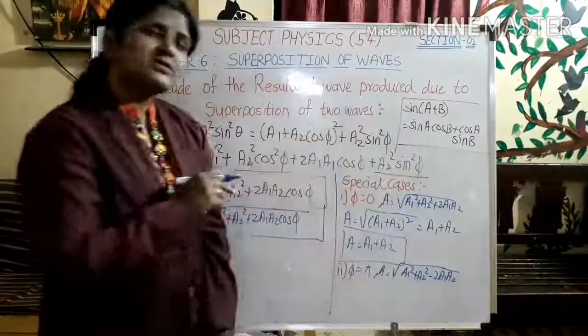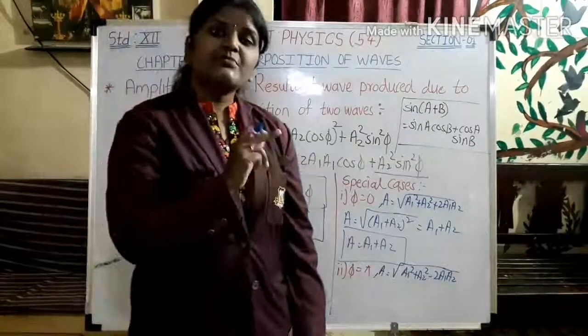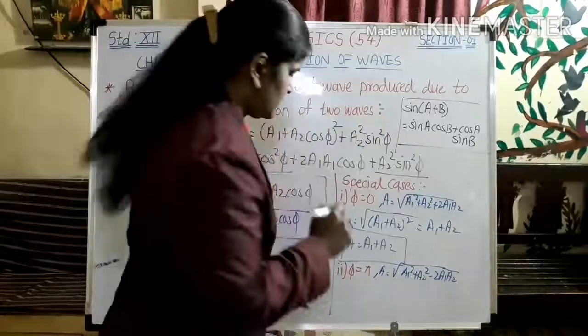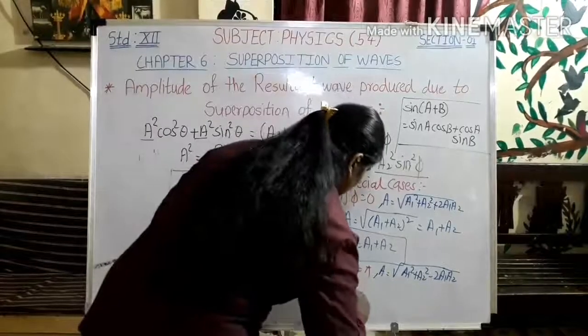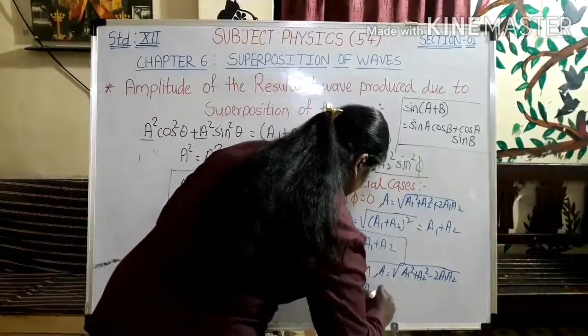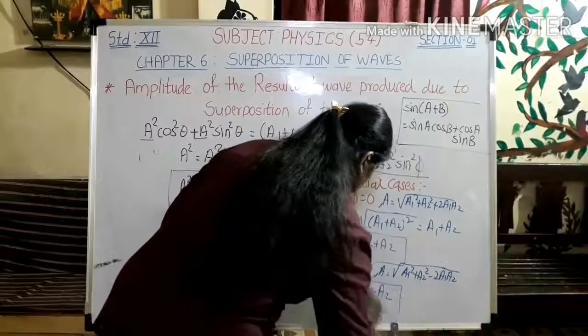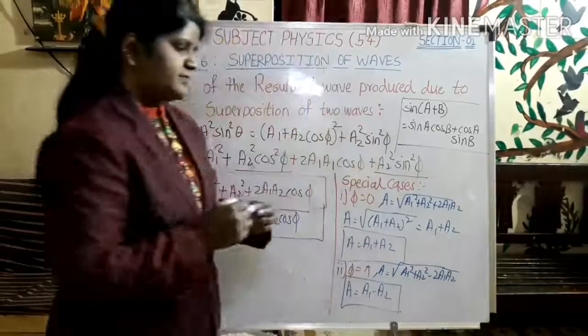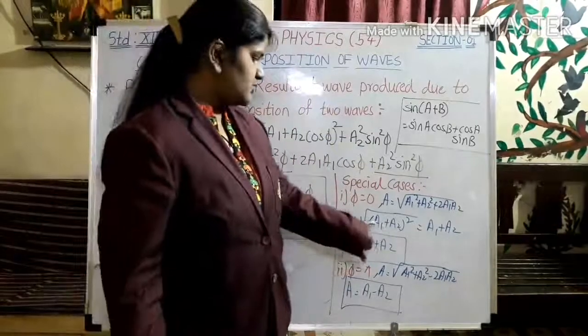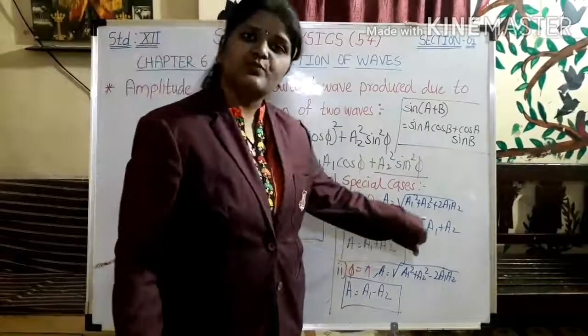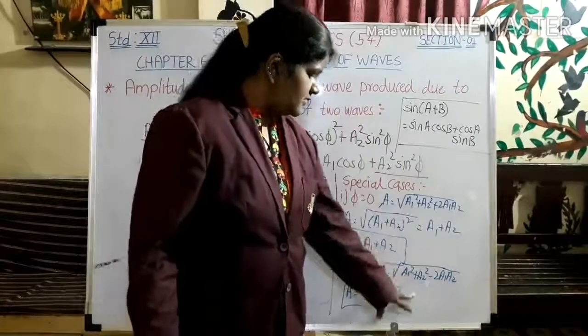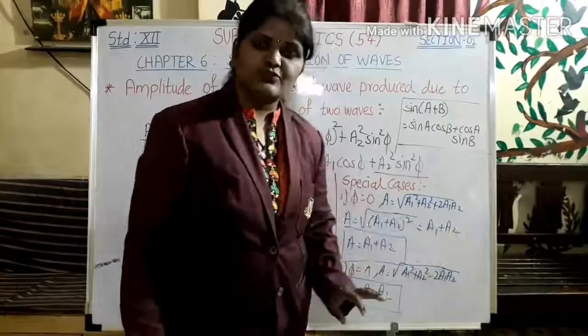And what is this? This is nothing but a1 minus a2 bracket square. How? Because this comes out to be square root of a1 minus a2 bracket square. So I will get here, in this case, a1 minus a2.